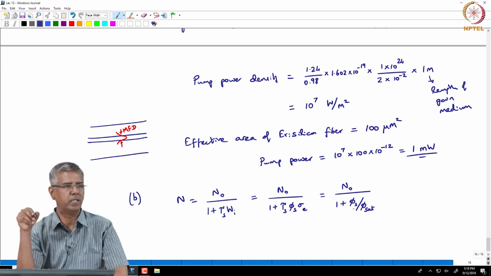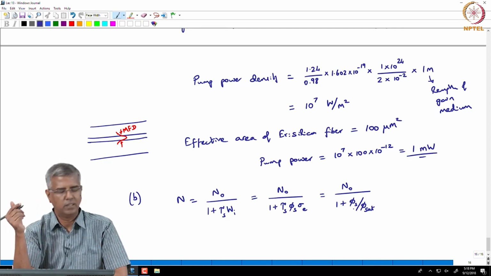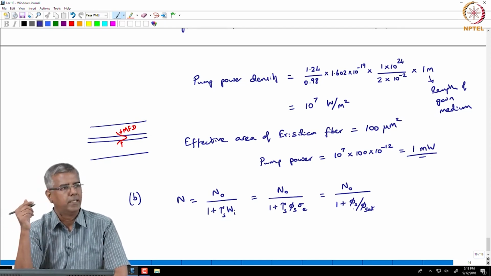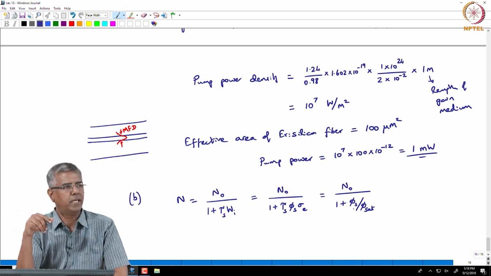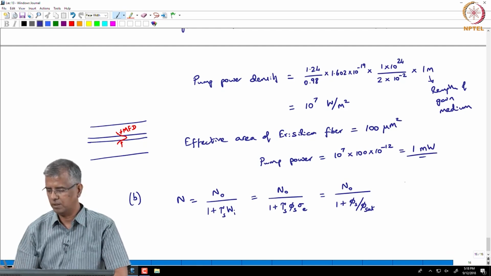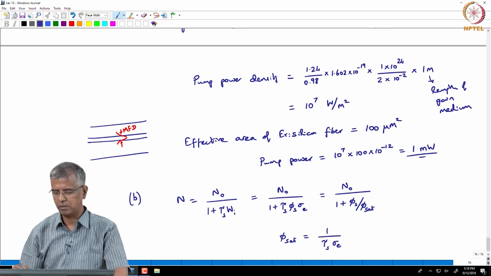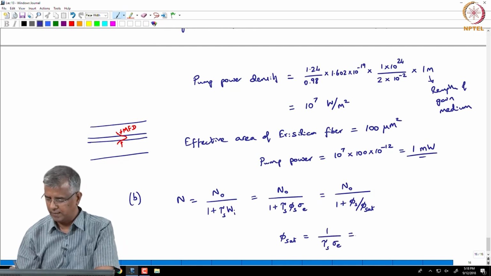Phi s is a variable, corresponding to the signal flux density, whereas phi sat is a constant for a given material, which depends on the spontaneous lifetime as well as the emission cross section. So, in this case phi sat is given by 1 over tau s multiplied by sigma e.